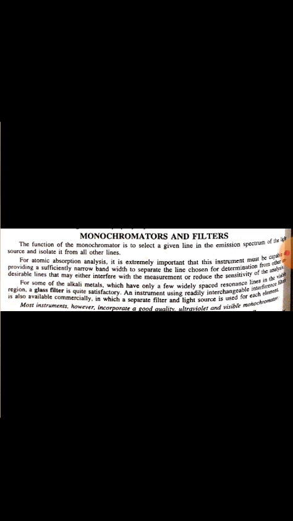The next components of the instrument are the monochromators and filters. Prisms and gratings are the most commonly used monochromators. The requirement of this analysis is a narrow bandwidth to isolate the line to be measured from other lines. Now, this might reduce sensitivity.